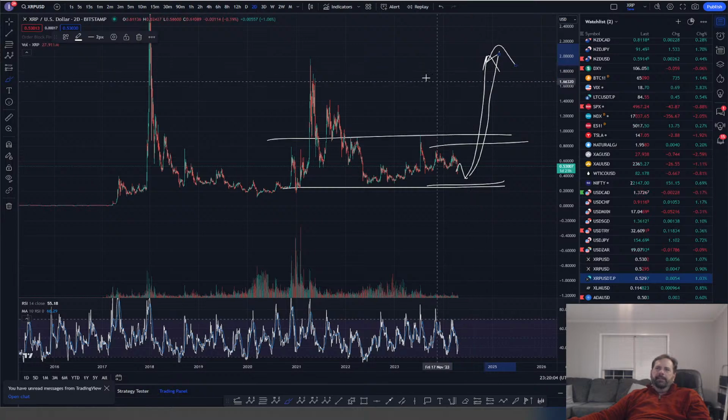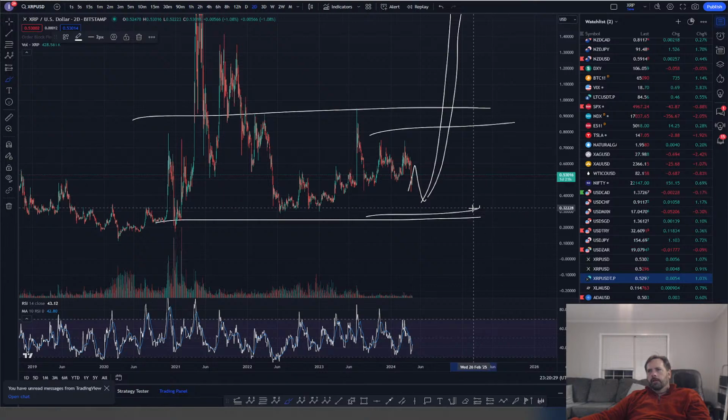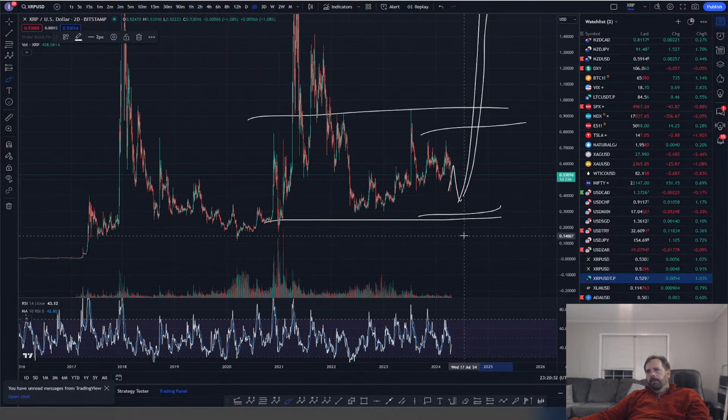See if XRP is going to be the CBDC bank of the future. Could XRP go down to 17? I imagine it could. Yeah, why not?